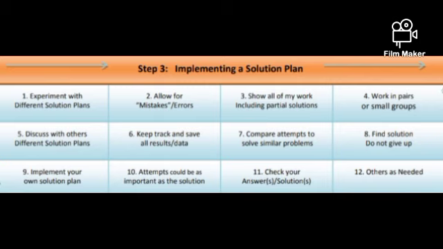And along with other plans that you have made with members of your group, you also implement your own solution plan independently. 10. Attempts could be as important as the solution.